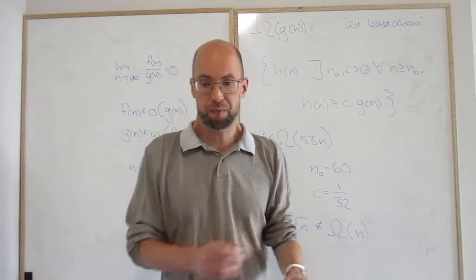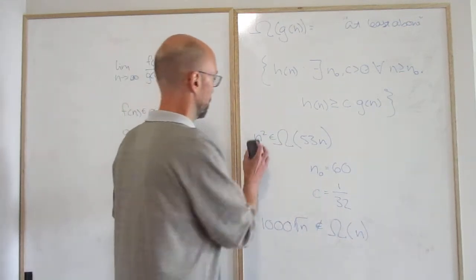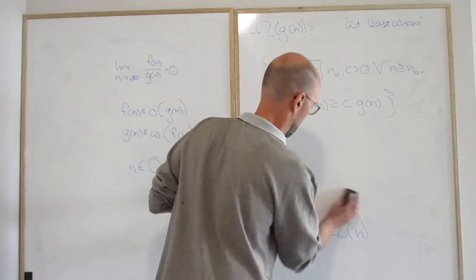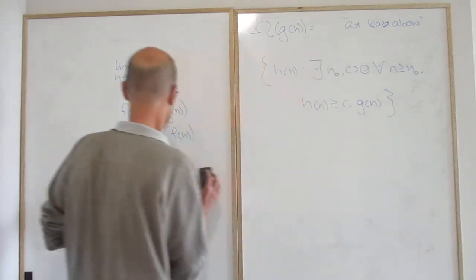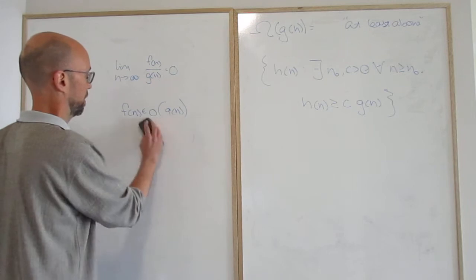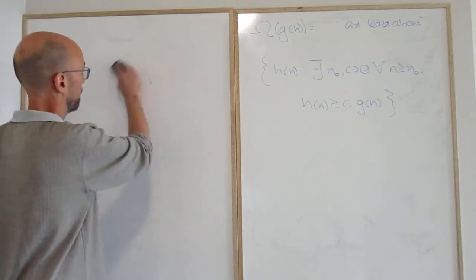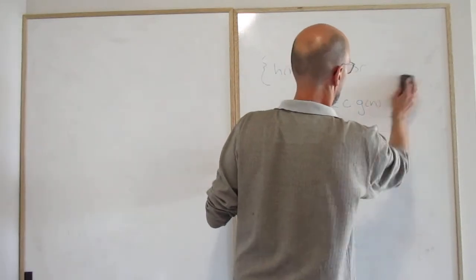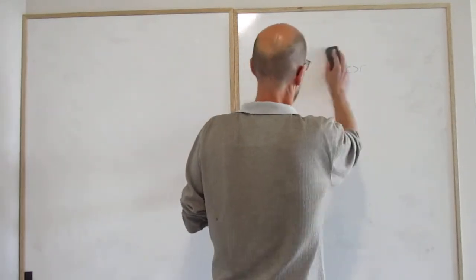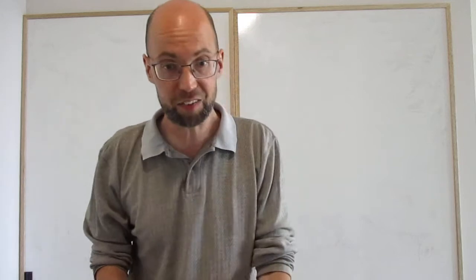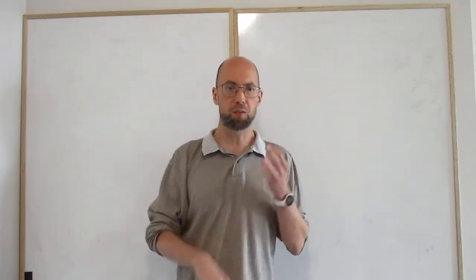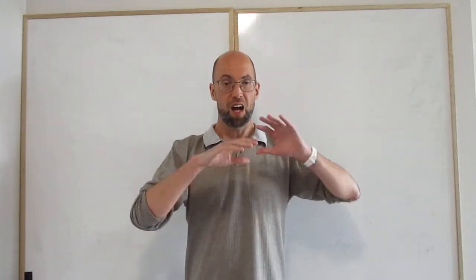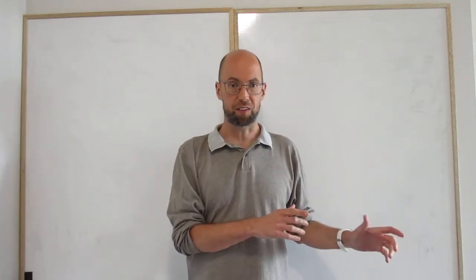So then we get into... okay. So the thing is, I'm going to zip through this, because if you want practice with big O, big omega, big theta, you can get it other places.